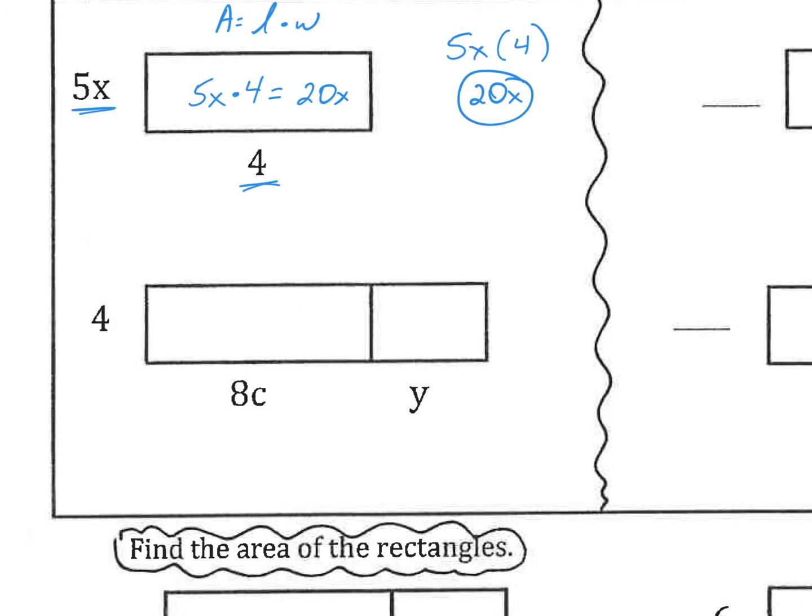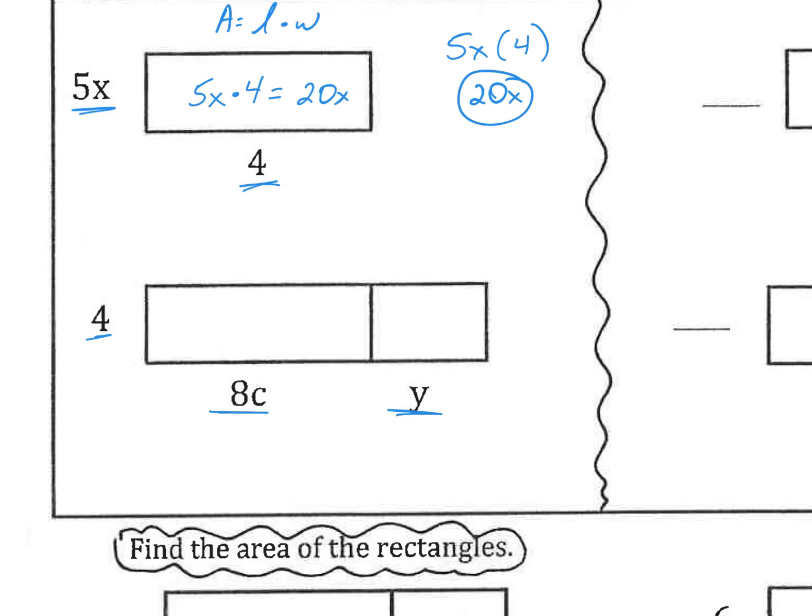As you complete more problems, especially on the homework, you'll see that these problems are not all set up the same way as the notes. So I am going to be adding things in that I need to make sure you are adding in as well. In this next rectangle, we have a height of 4, and then we have lengths of 8c and y.